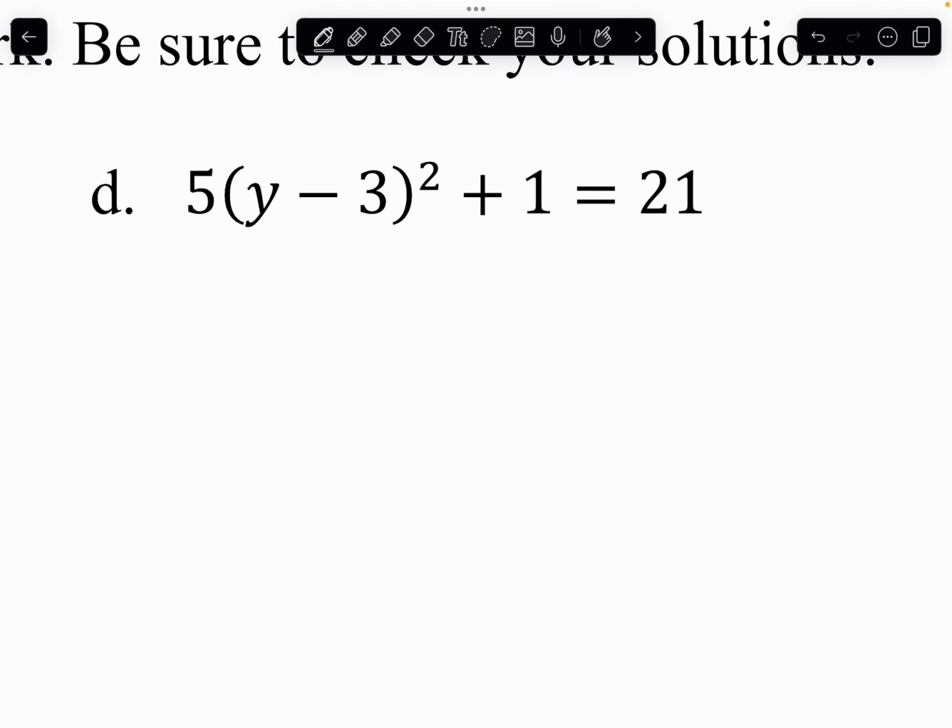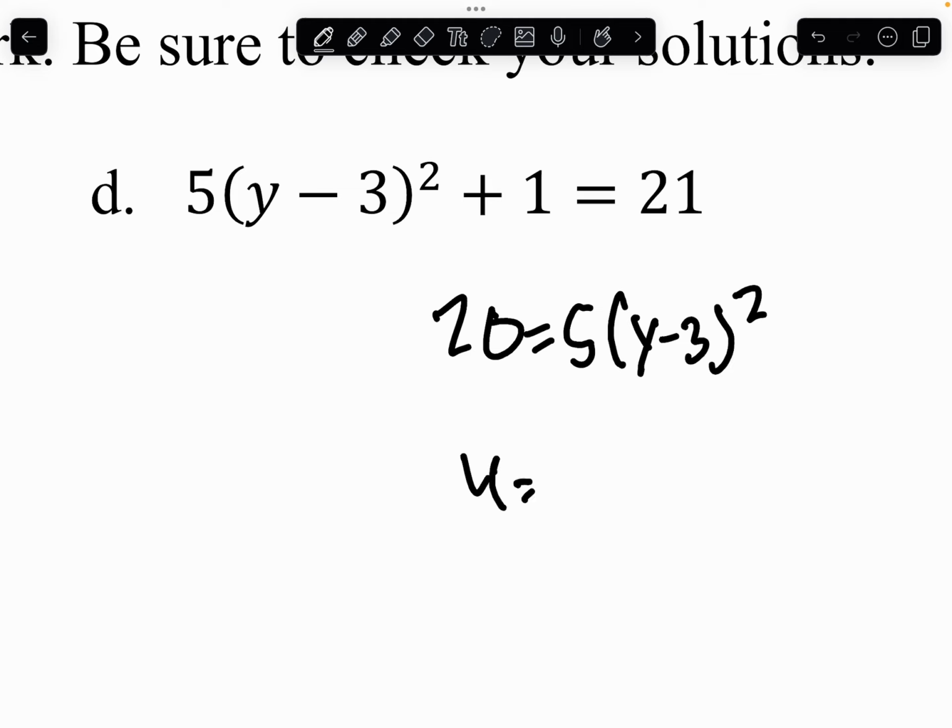Next problem. Start out by subtracting 1. So 20 equals 5 times (y minus 3) squared. Divide by 5, so you get 4 equals (y minus 3) squared.